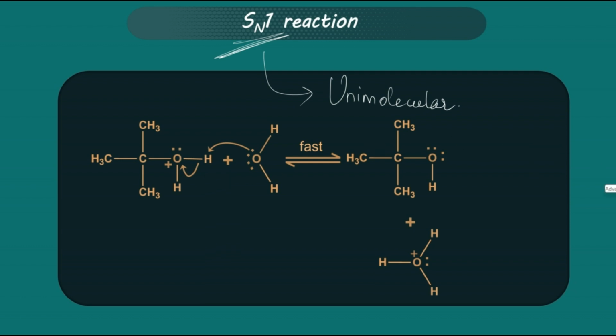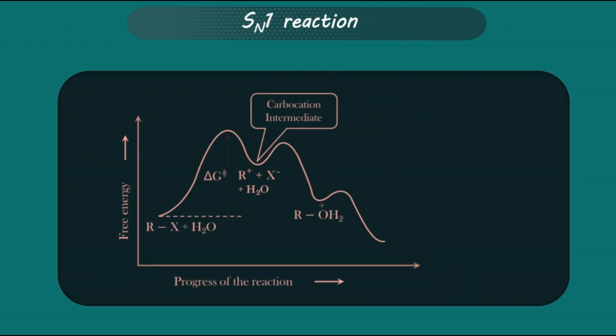So let's see how the kinetics goes. This is a graph between energy and the progress of the reaction. It starts from RX and reaches the threshold, and the first intermediate forms. The intermediate is a low energy species compared to the transition state.